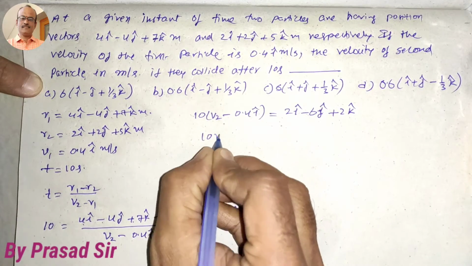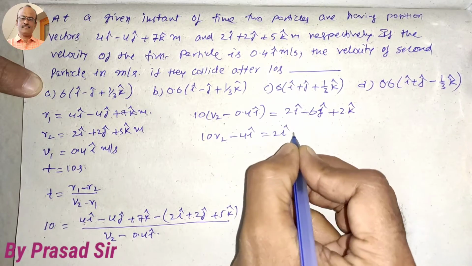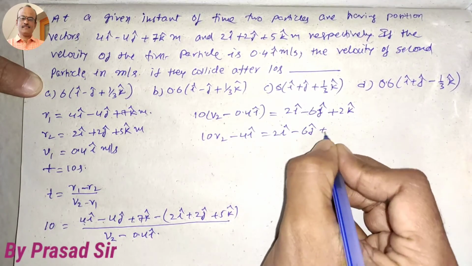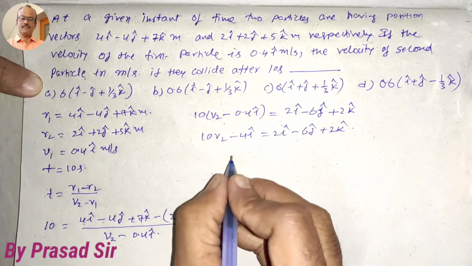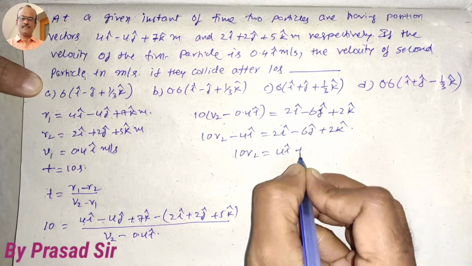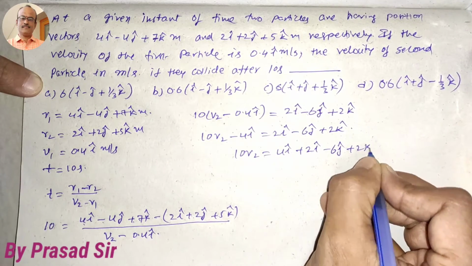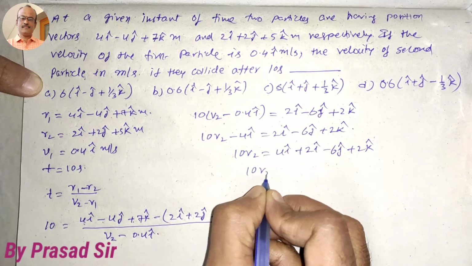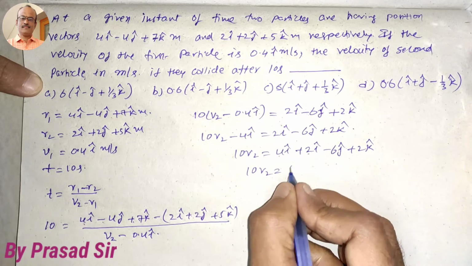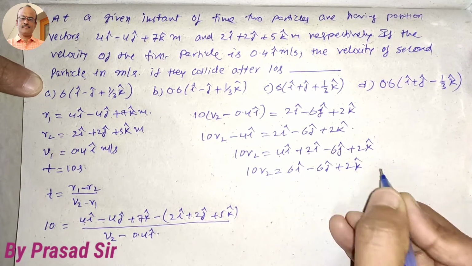Now 10 v2 minus 4 i cap is equal to 2 i cap minus 6 j cap plus 2k cap. So 10 v2 is equal to 4 i cap plus 2 i cap minus 6 j cap plus 2k cap, that is 6 i cap minus 6 j cap plus 2k cap.